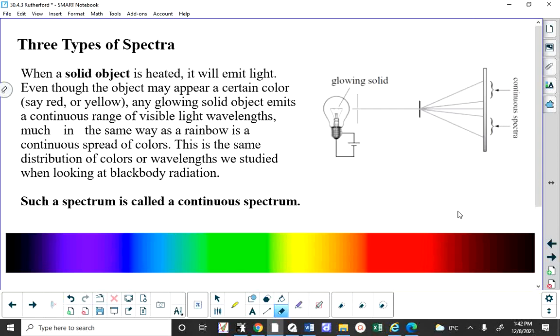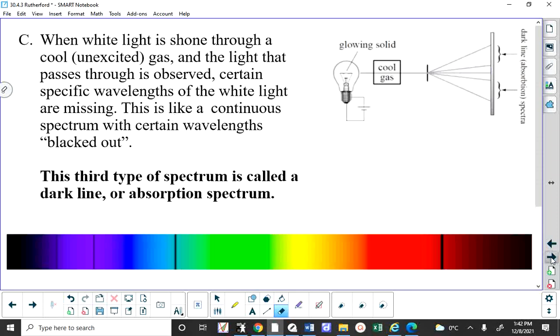So that glowing solid, that black body, is producing every wavelength in the visible region. And what we do is we pass that light through a cool gas, through a gas that's at a low temperature and a low energy.